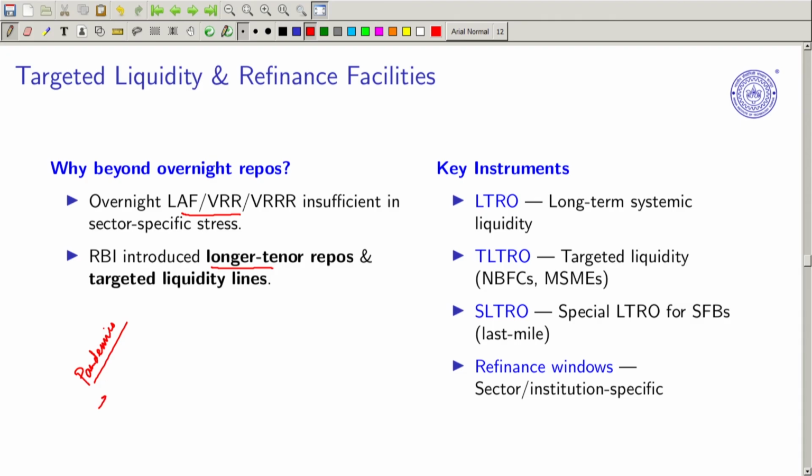One was the bond market disruption, especially the corporate bond market disruption. The majority of the bond holders were going for redemption, and it was a tough time for the corporate bond market.